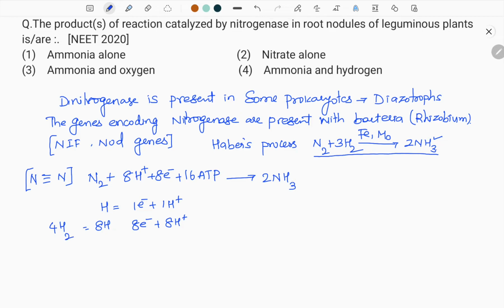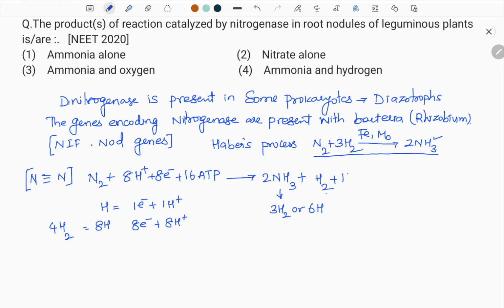But in the case of ammonia, the number of hydrogens is only 2 threes are 6, that is 3H2, or 6H, required for formation of 2 ammonia molecules. Then what about the rest of the 2 hydrogens? Yes, we are coming to that point where the other byproduct here is H2. This is the other byproduct.